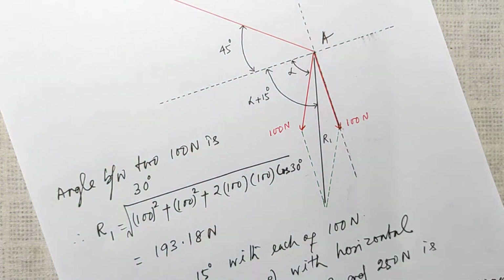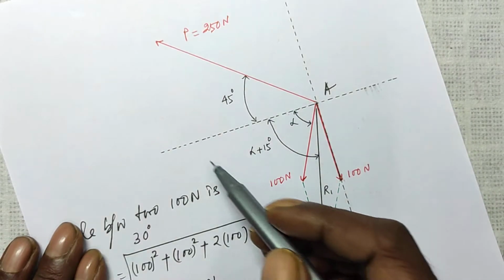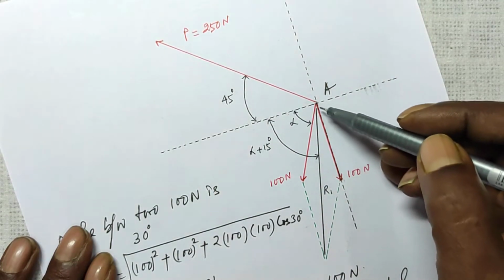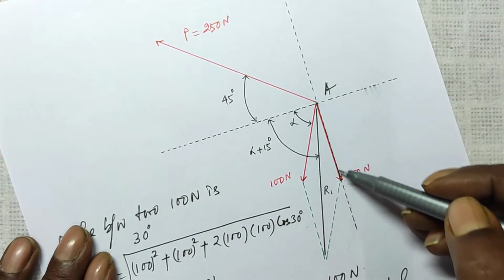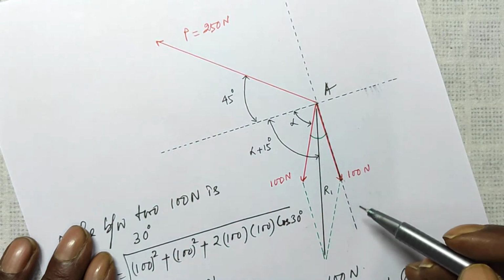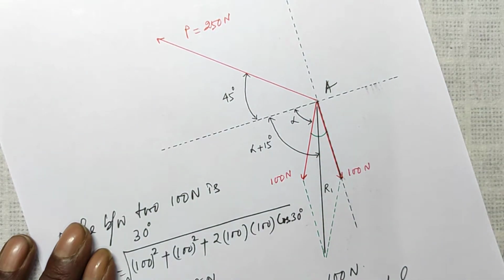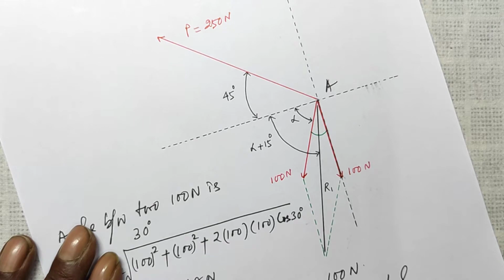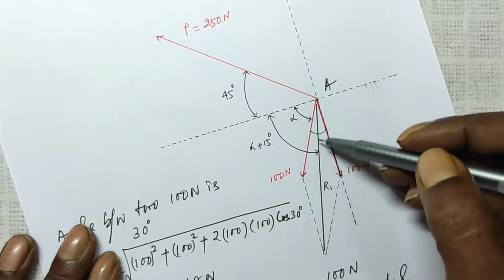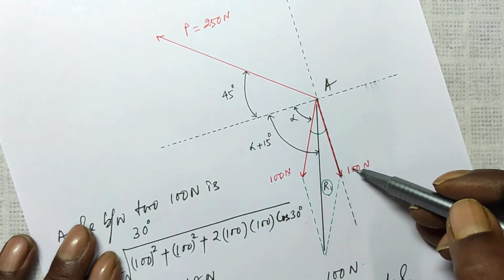In the second diagram, I have removed the object, I have drawn the axis. This is your x-axis, this is your y-axis. This is 100 Newton, this is 100 Newton. This angle was given as 30 degree. So taking these two 100 Newton forces as the two adjacent sides of a parallelogram, if I construct a parallelogram like this, then this R1 will be the resultant of 100 and 100 Newton.